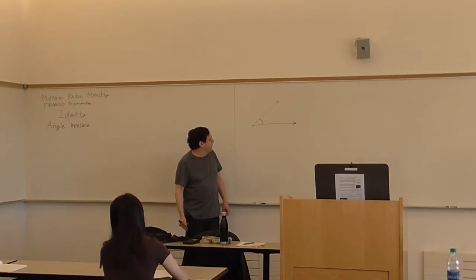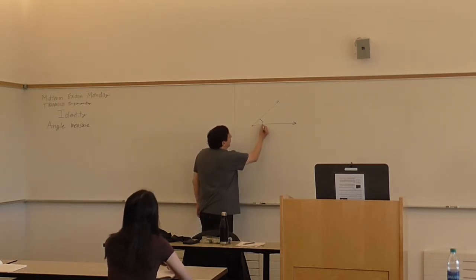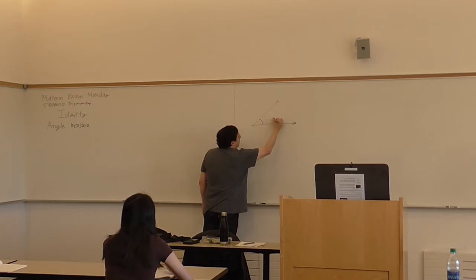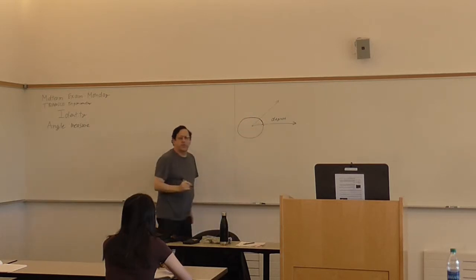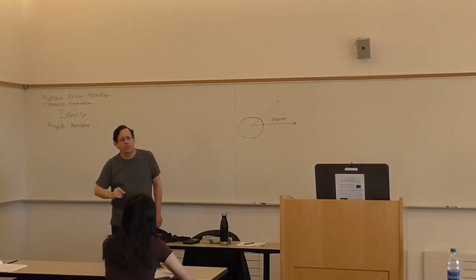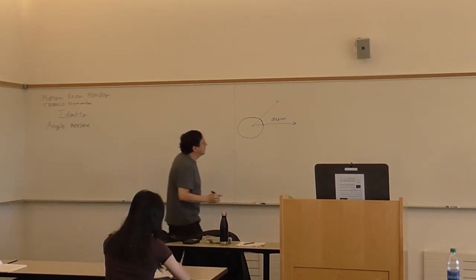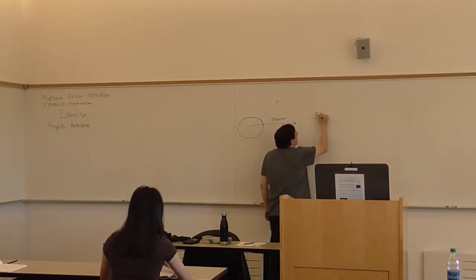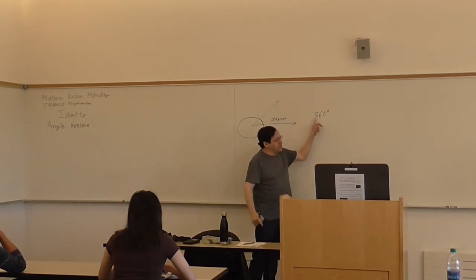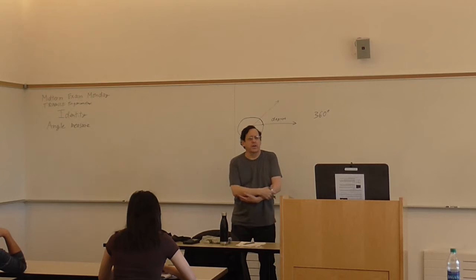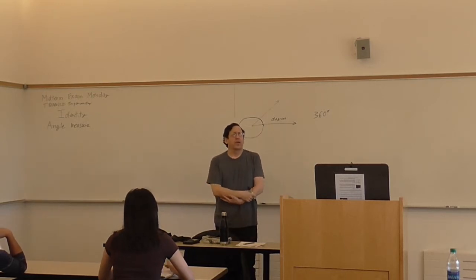So historically, we talk about degrees, and we think about a complete circle having how many degrees? 360? 360 degrees. This is a somewhat arbitrary number, not entirely arbitrary.